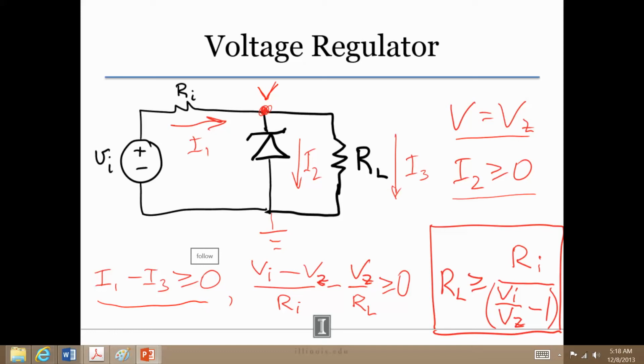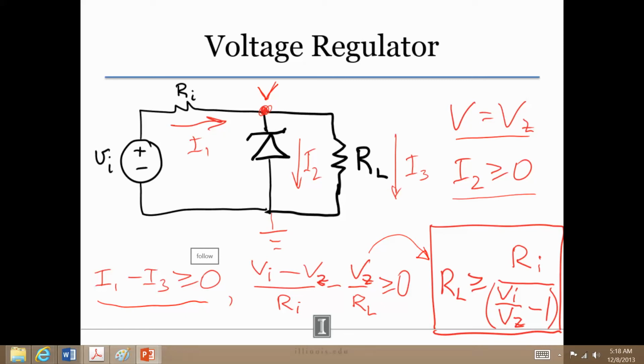I asked you to rearrange this to derive the equation in terms of RL, and here I have it in the box. You may have put it in a slightly different form, but this is the equation: RL, the load resistance, has to be greater or equal to Ri divided by (Vi divided by Vz minus 1).